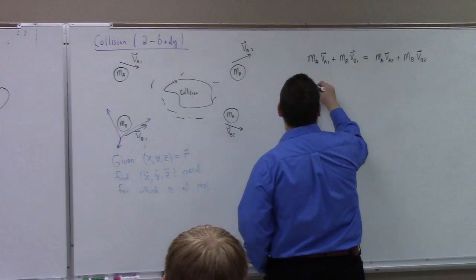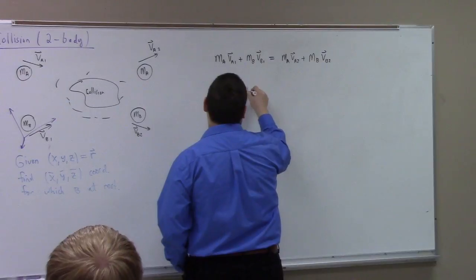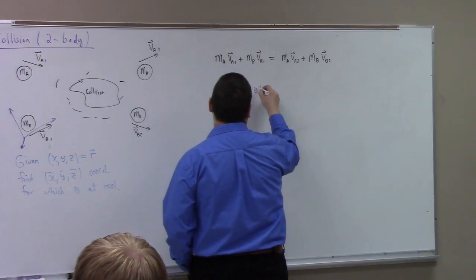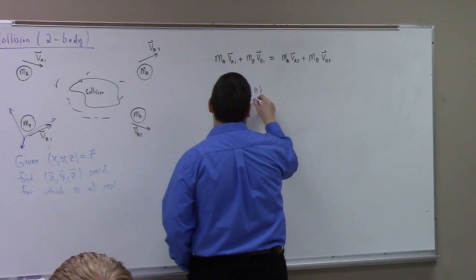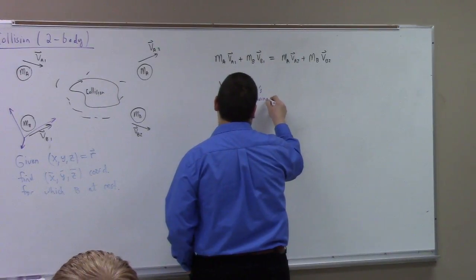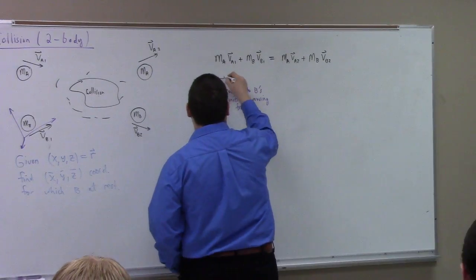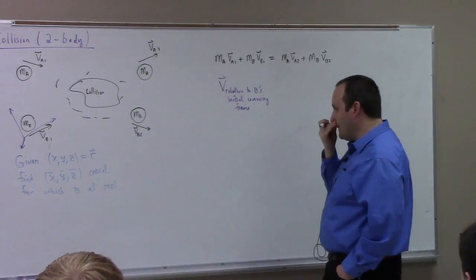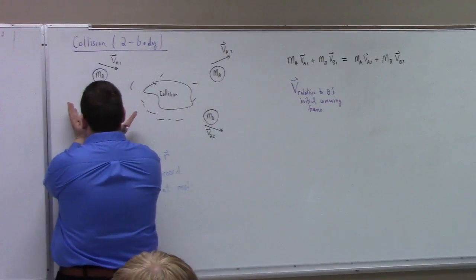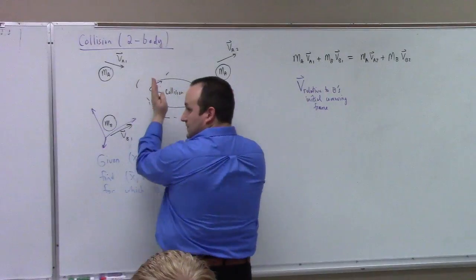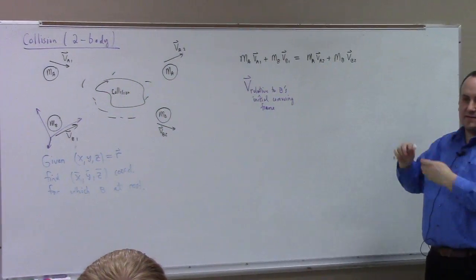So v relative to B's initial co-moving frame. In other words, I'm saying imagine a frame of reference which moves just with the B mass, just like that. It's co-moving. It moves along with the mass.